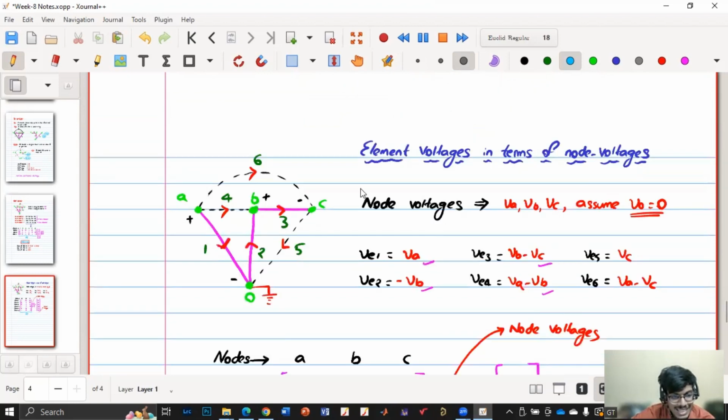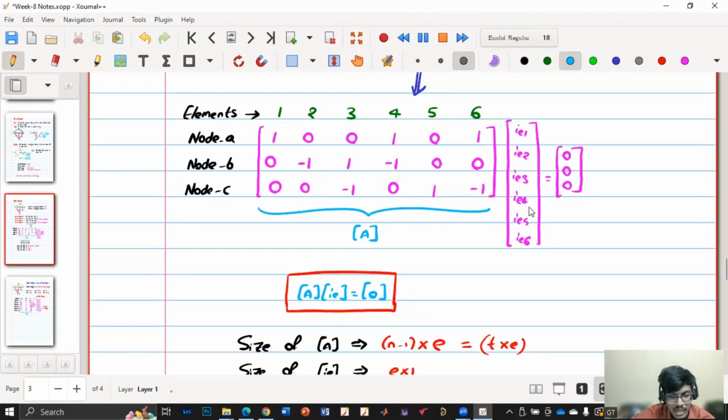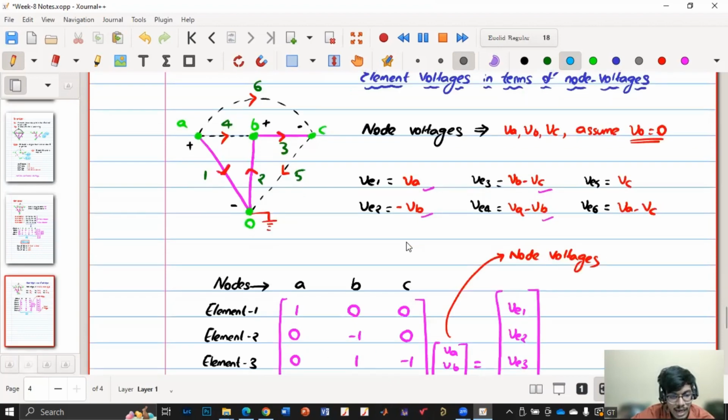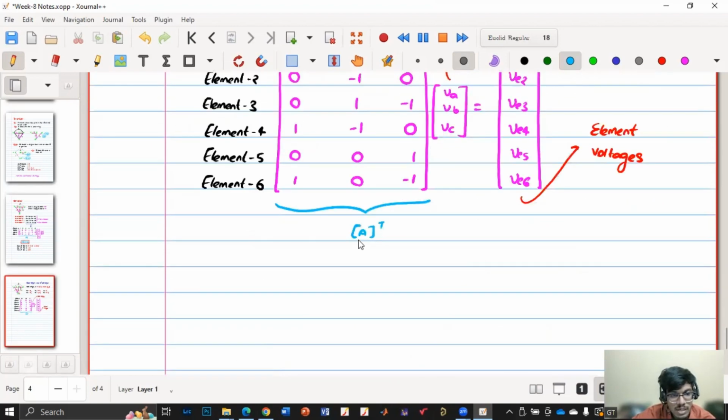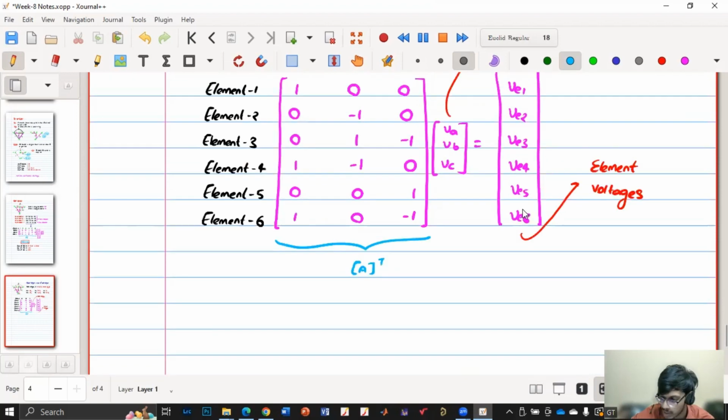So this is A matrix into IE is equal to 0. Here A transpose matrix into V node voltages is equal to the element voltages. So we'll get another equation which is something like this. A transpose into node voltages Vn is equal to element voltages Ve.